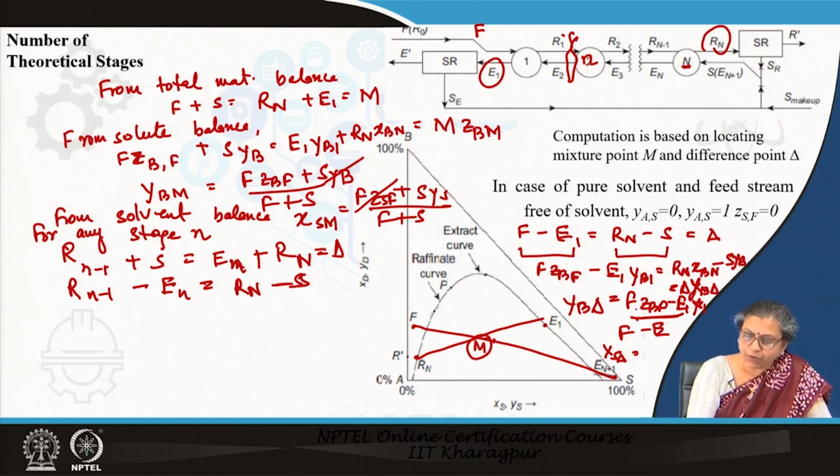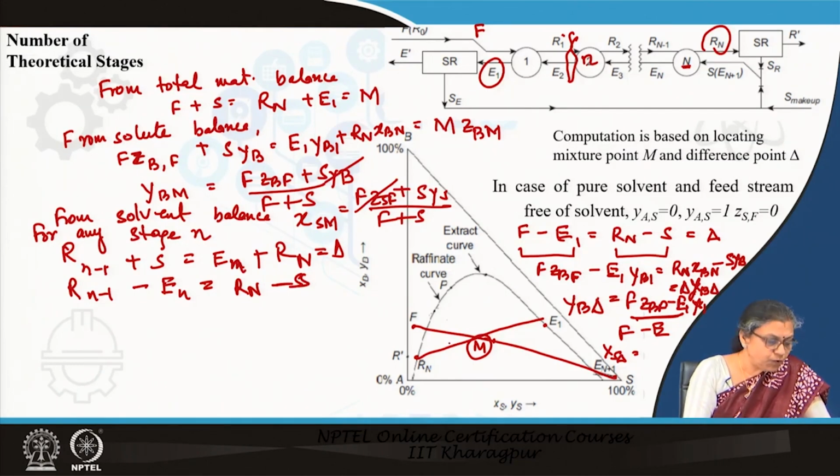This delta point, therefore, should be a point from where all the lines that mark the net outflow from any particular stage should be located, isn't it?